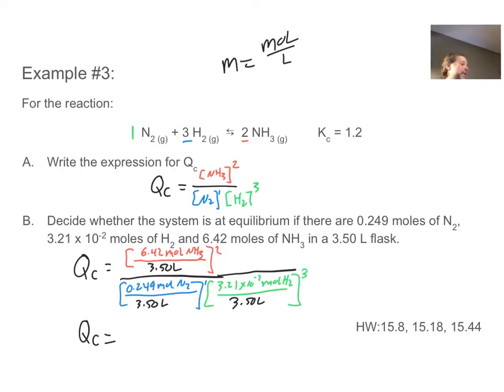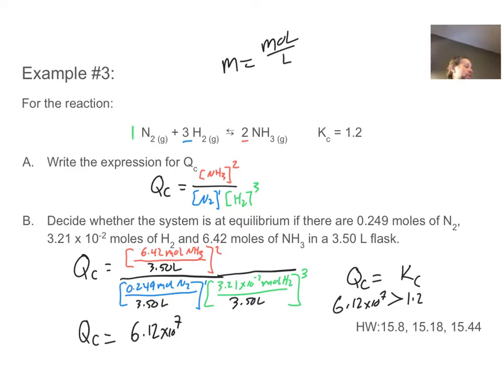When I plug all these values into the calculator, I get a value for QC somewhere around 6.12 times 10 to the 7th. Again, there's no unit here. If it was at equilibrium, QC would equal KC. But at this point, we have 6.12 times 10 to the 7, which is significantly larger than KC, which was given to us in the problem as 1.2.